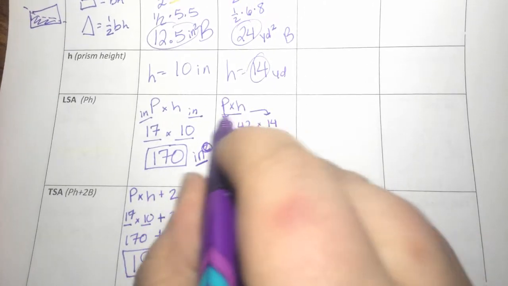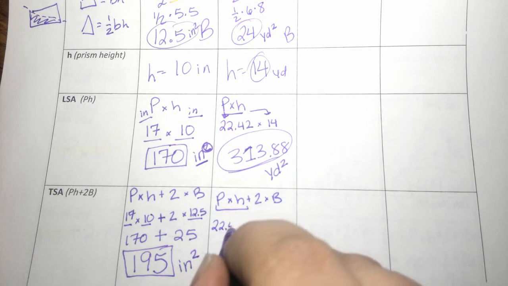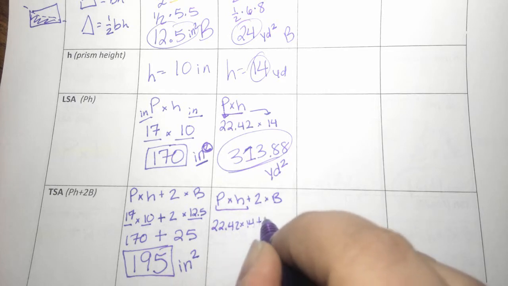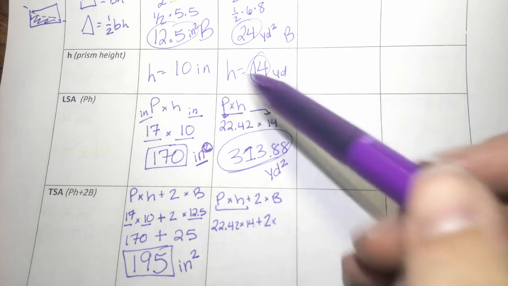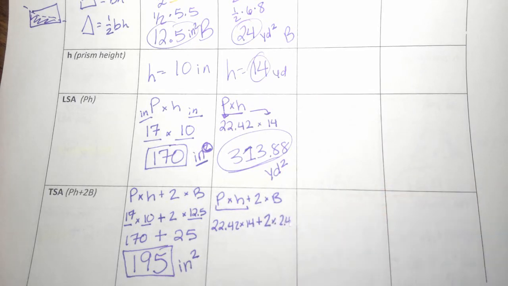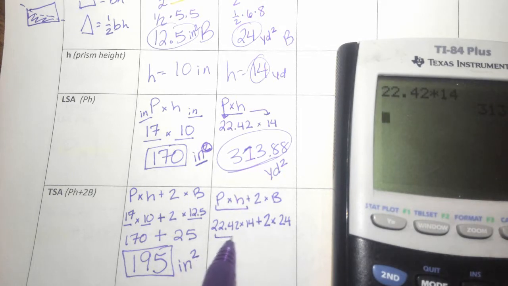The first part of the formula is the same, so that's 22.42 times 14 plus 2 times big B, which is 24. The area of the base is 24. We've got 22.42 times 14, or 313.88, plus 2 times 24, or 48.